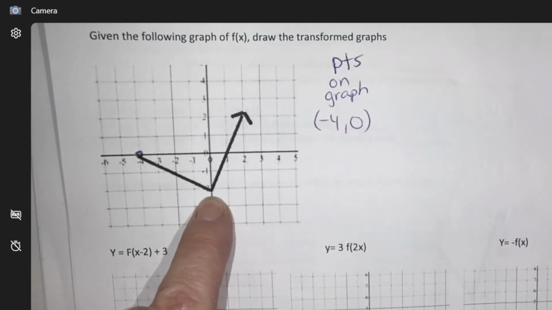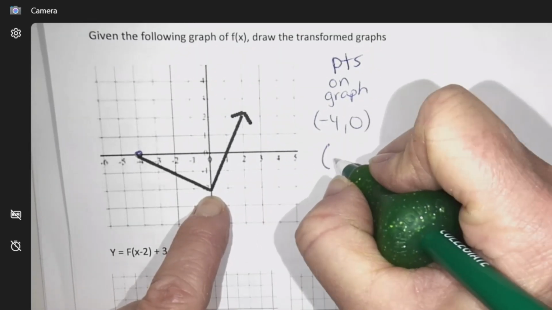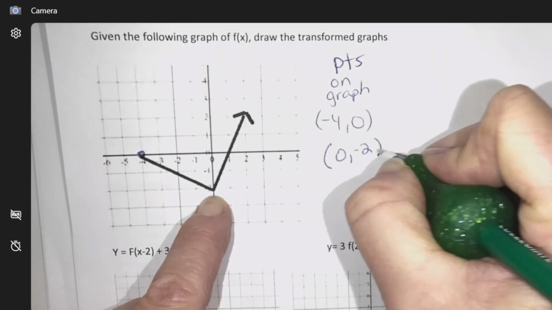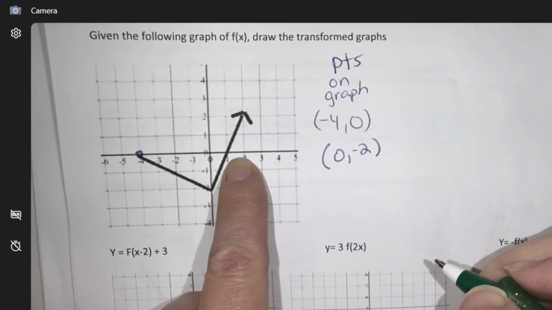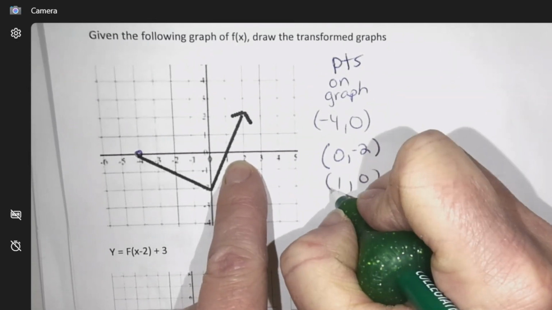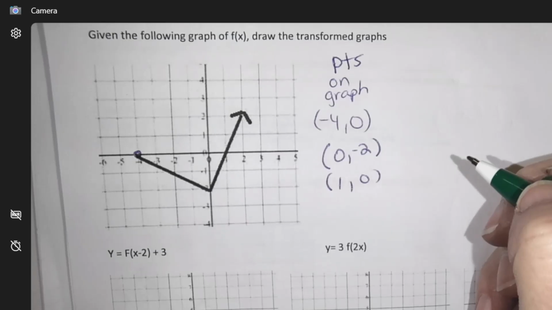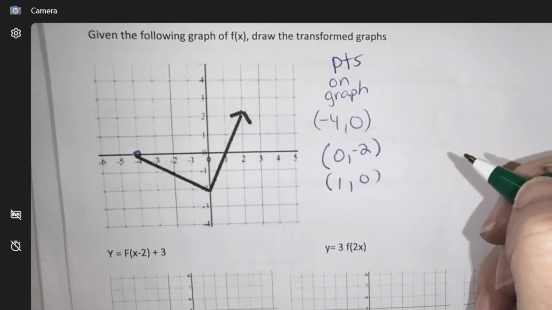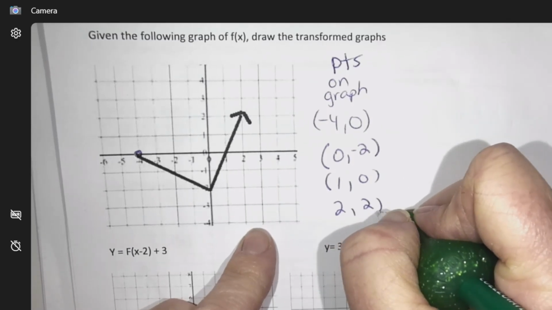I'm going to take the bottom of the V, so that's what coordinate? 0, -2. This x-intercept is nice, so I'm going to go 1, 0. And I'm going to take one more, exactly where the arrowhead is. What's the coordinate on the arrowhead spot? 2, 2.